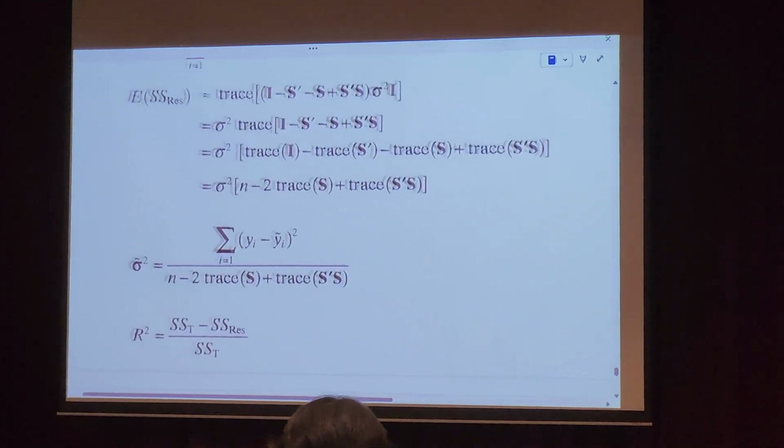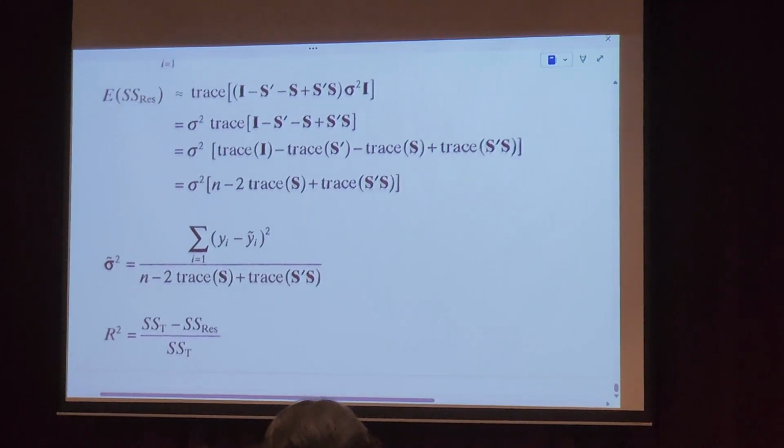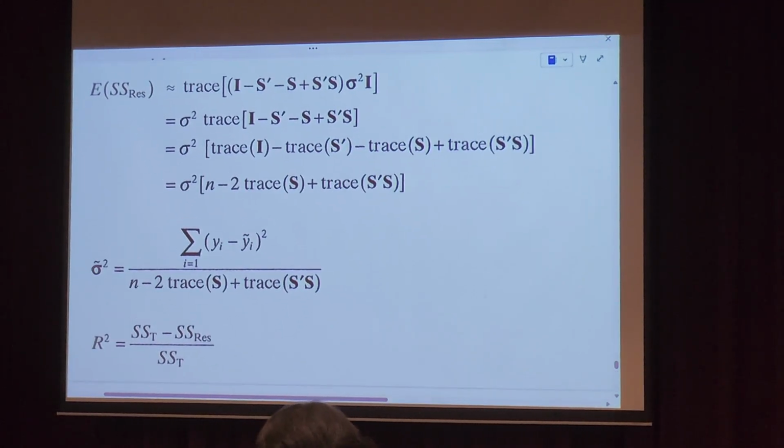And then what happened? Now we know that this is approximately equal to that. So we try to find the trace of that matrix there.